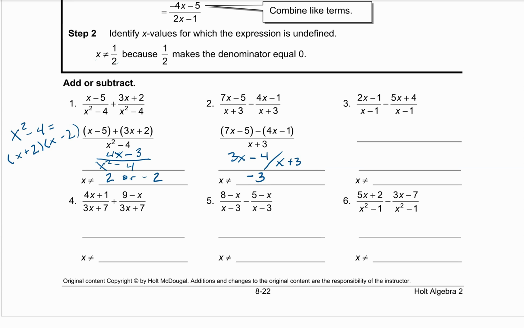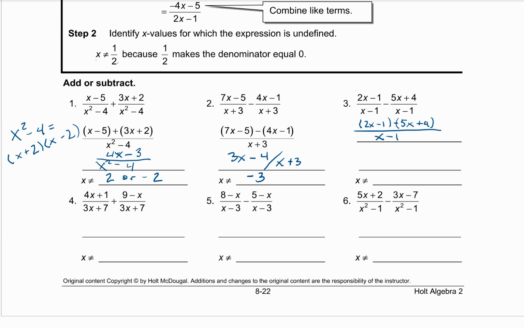If you look at number 3, we're subtracting again. Our common denominator is x minus 1. So we are going to have 2x minus 1 minus 5x plus 4 over x minus 1.